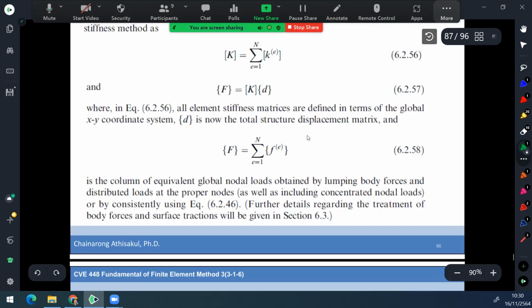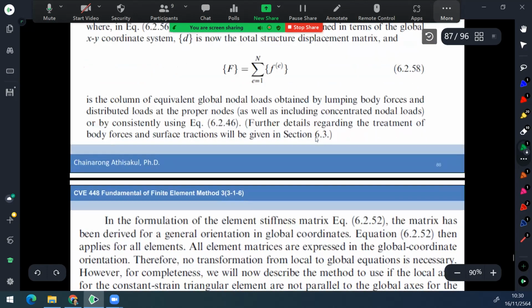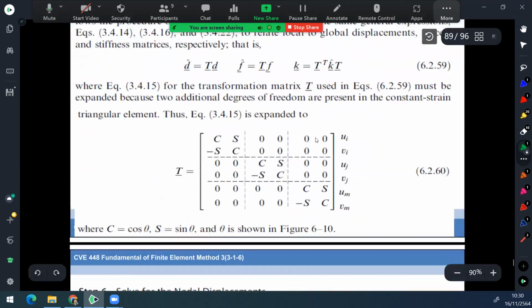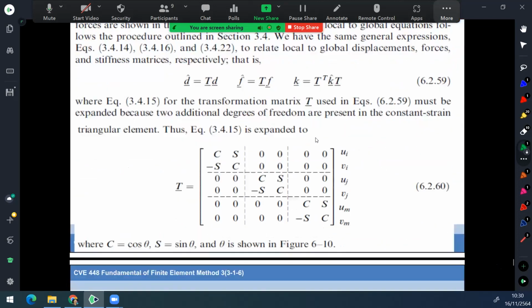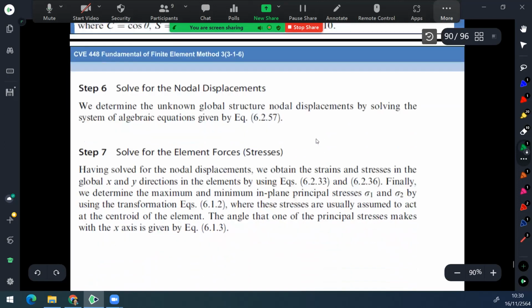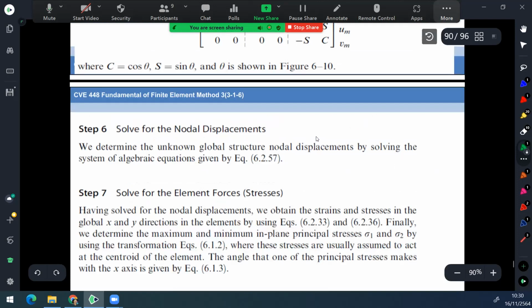After that we proceed with the same procedure that we are familiar with for the general one. We assemble it together and we can solve. This is a transformation matrix. And then after we have the nodal displacement, we can solve for the element force and the nodal force also. I think it should be enough for today.